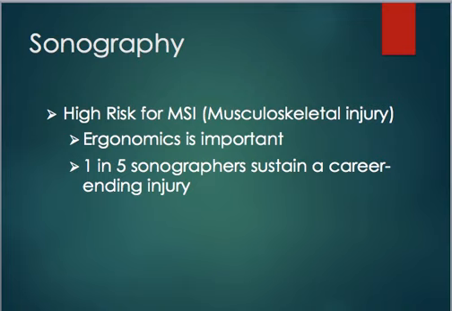So if you think about how you're scanning your patient, if you're not using proper body mechanics and you're leaning too far or reaching too far, it's going to cause you injury. You can also have scanning injuries in your wrist. So a lot of ultrasound technologists can have back issues, neck issues, shoulder issues, and carpal tunnel issues. So it's really important to use proper ergonomics when you're scanning patients.